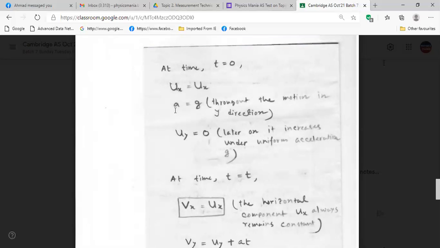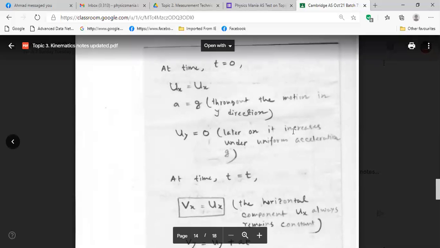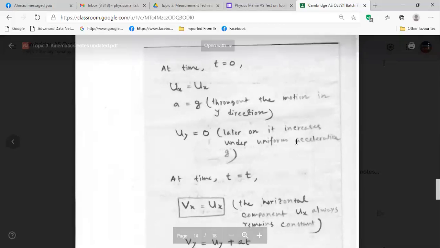So we are taking that one as acceleration, a equals g, and uy, as at the beginning we don't have the vertical component started working. Later on it will work, right? At time t equals 0, we don't have any vertical component. That's why uy equals 0. Later on it increases under uniform acceleration g.